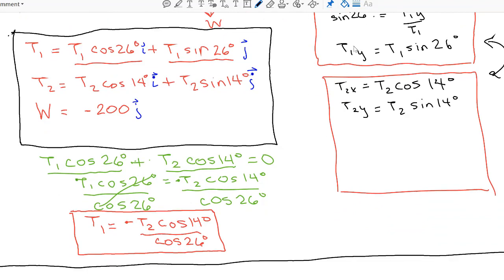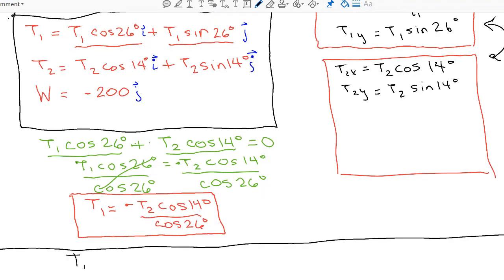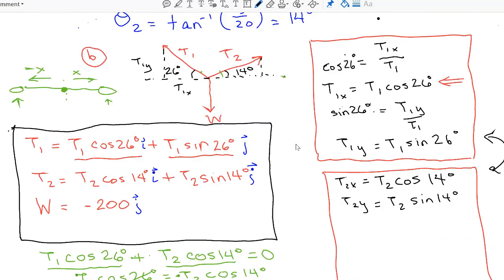I want to do the exact same thing only for the J values. I know that T1 times the sine of 26 degrees, even though it's the reference angle, I don't have to worry because the sine is the y value and both of these y values are going up.